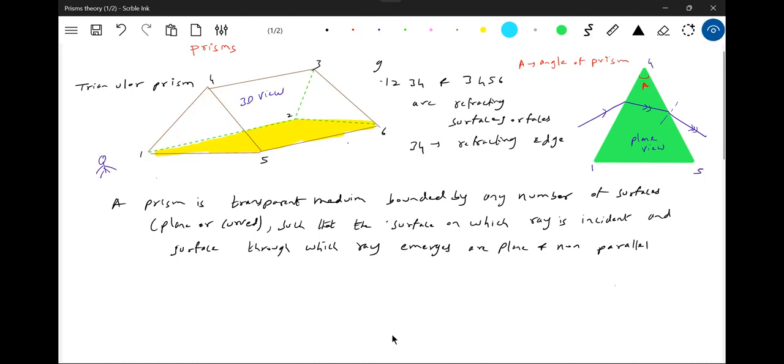So what a prism basically does: it has only two purposes, nothing big.